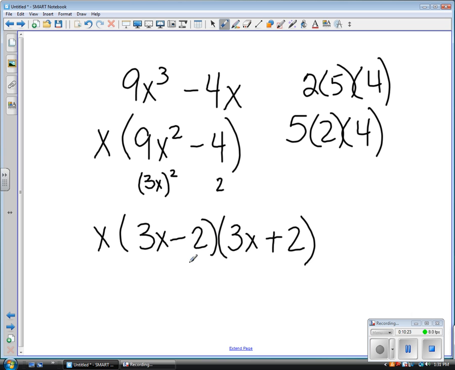Now, the only thing is, within here I have another operation. So that doesn't mean that x is only multiplied by this. It's actually multiplied by both. So it doesn't matter if you put the x at the end or x in the middle. But I factored it out first, so I just keep it in the front. They're all being multiplied together.